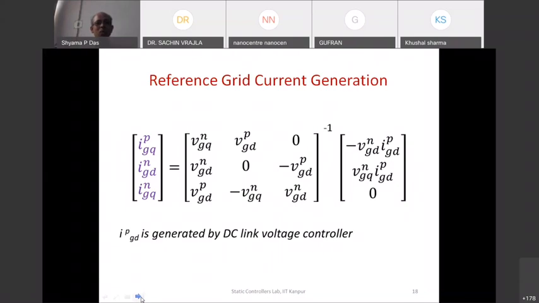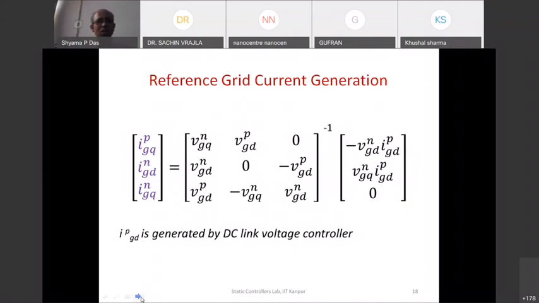So we have to evaluate 4 currents, and the currents on the left hand side are IGQP, IGDN, IGQN, and then we have the current which is on the right hand side as well, which is IPGD. And this is generated by the DC link voltage controller.